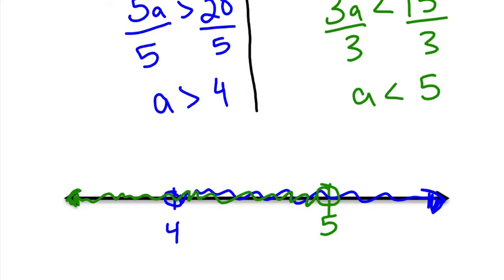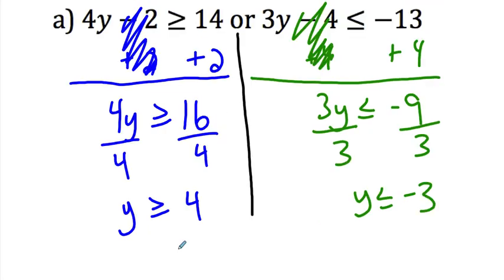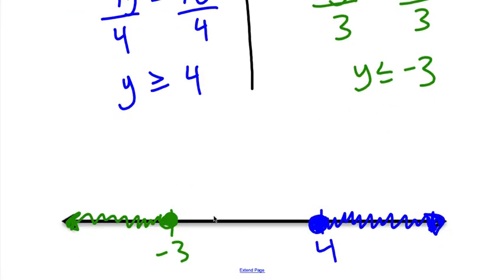So what this actually means is that we've covered the entire number line. So this answer would really be all real numbers. Any number that you choose would fit this inequality or this inequality. Okay, so that's another way that your answers could be graphed. So we could have something that looks like this with our 2 dots and shaded outside.